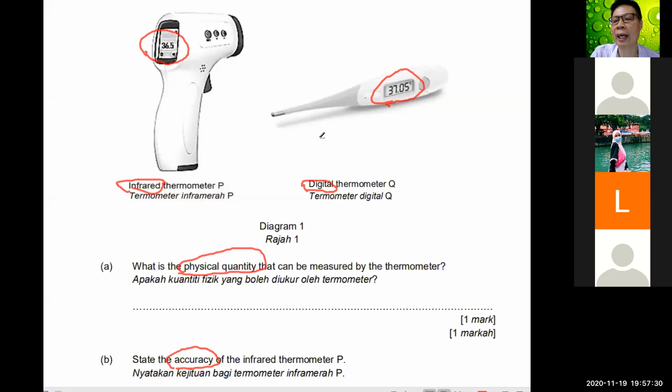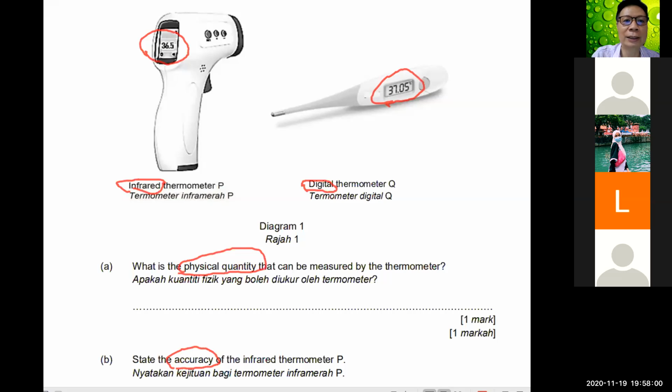0.1. Yes, very good. 0.1, because you see 1 decimal. 1 decimal means the smallest is 0.1. So the accuracy here is 0.1. Because if it can give 36.5, it can give 36.0, 36.1, 36.2, 36.3, meaning that the smallest division is 0.1.